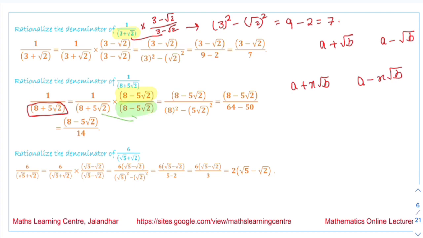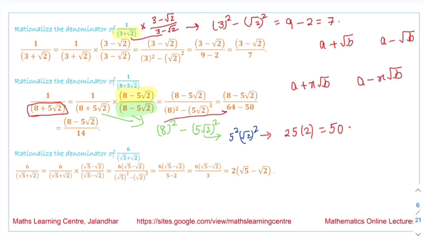Now when these are multiplied, the denominator is 8 square minus 5 root 2 square, and this term will be equal to 5 square into square root of 2 square, which is 25 into 2, that is equal to 50. So 8 square is 64 and this term is 50, and the final answer is 8 minus 5 root 2 over 14.